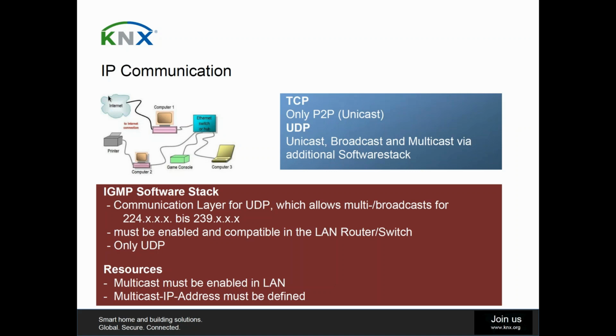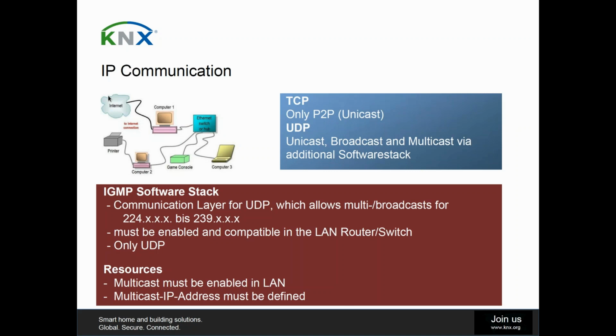And multicast is now different in the LAN communication than it is in the TP communication. In the LAN, where you normally only have a point-to-point, every single receiver has its own internet address or its own LAN address.